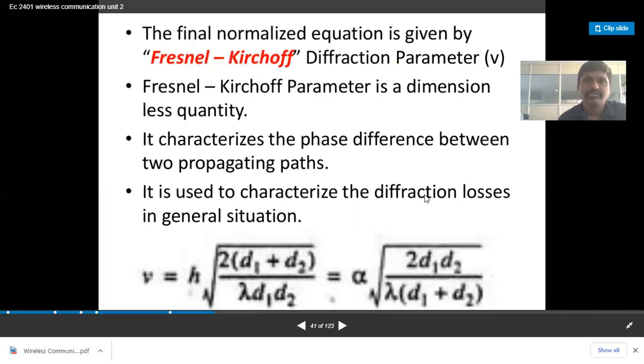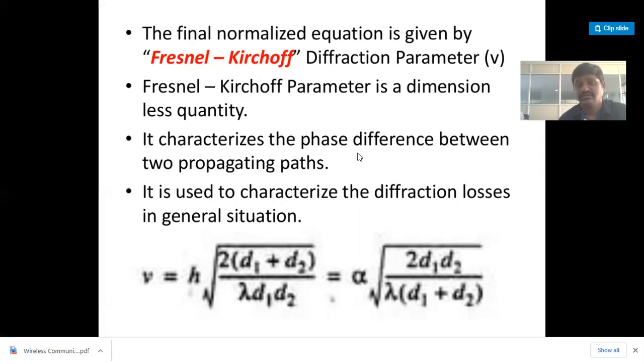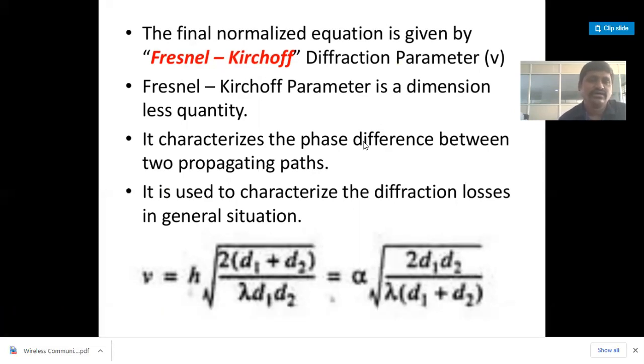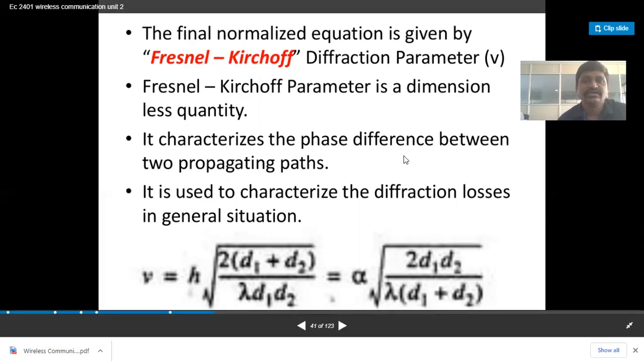Here, a normalized equation is known as the Fresnel-Kirchhoff diffraction parameter, and can be represented with V. The Fresnel-Kirchhoff parameter is a dimensionless quantity, which can be characterized as the phase difference between the two propagation paths, actual and diffracted.